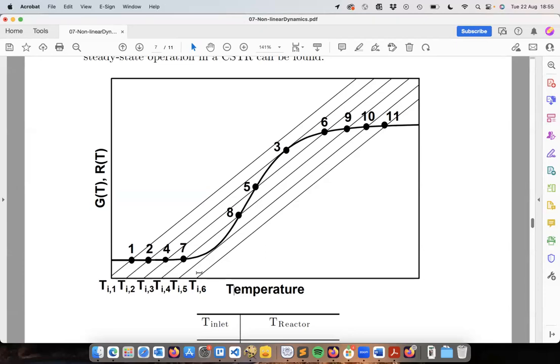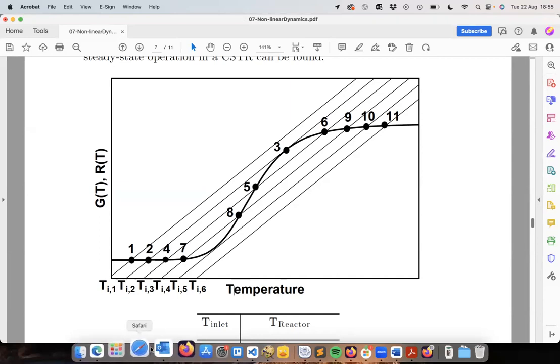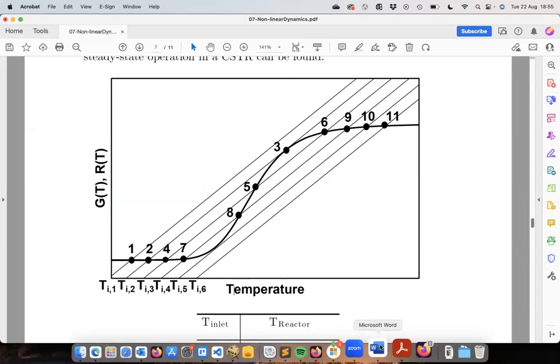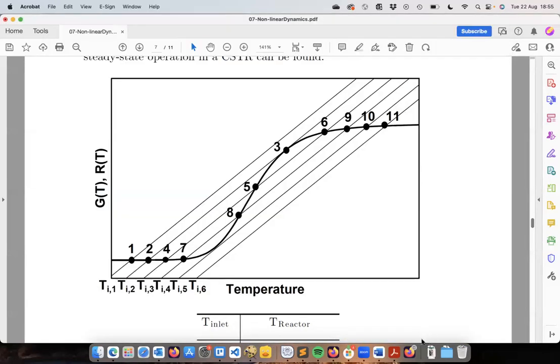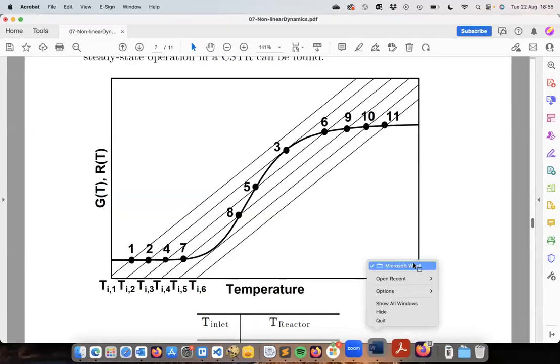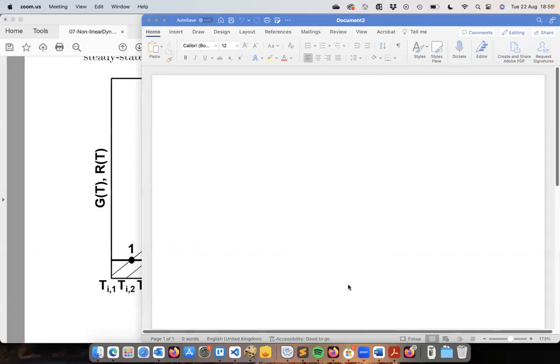Another way to think of this is let's make a quick document for ourselves. So we can think of it this way. We know our energy balance looks like this.